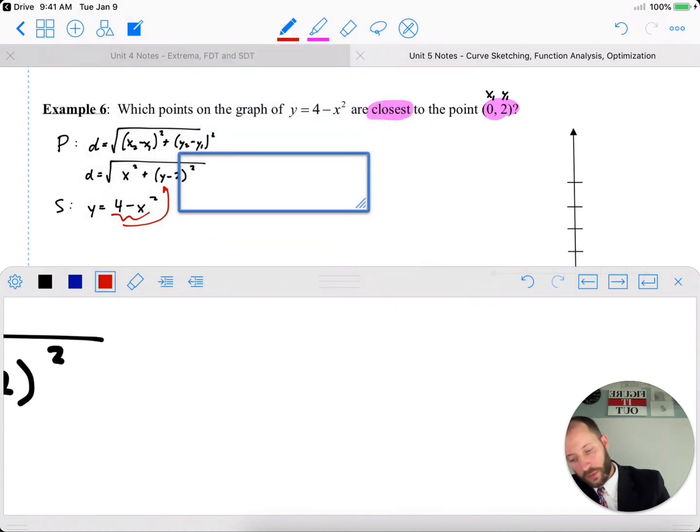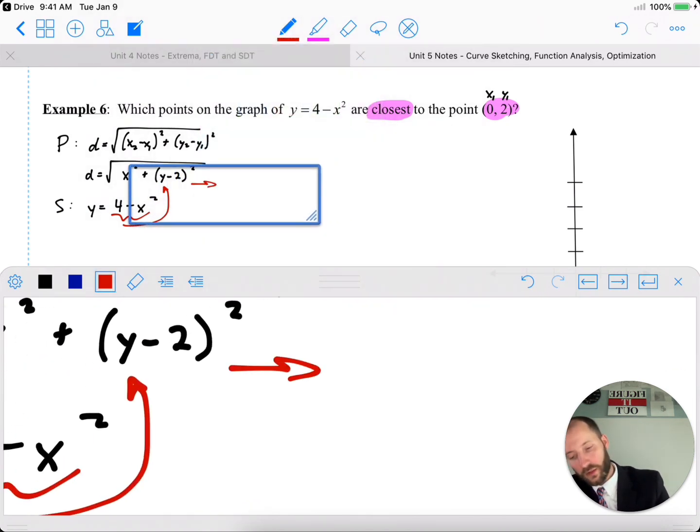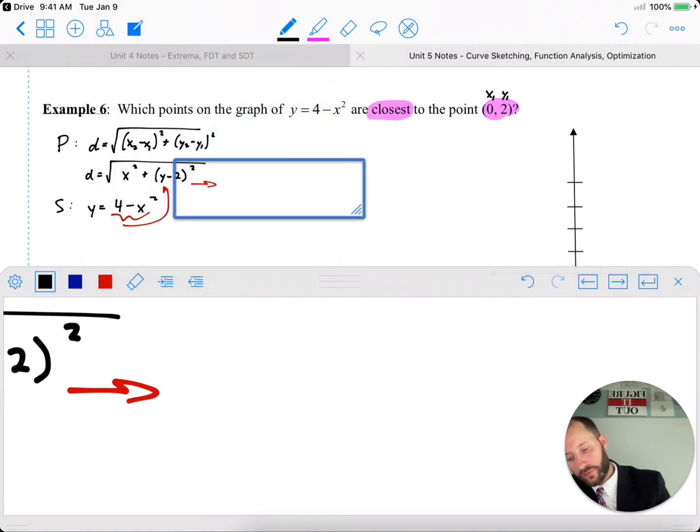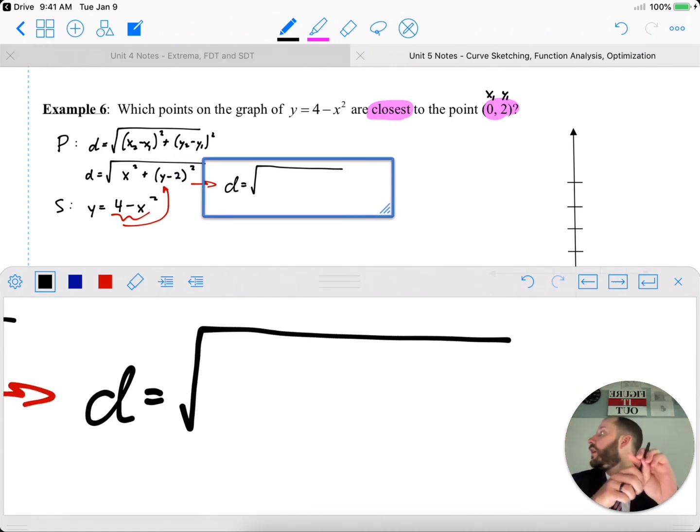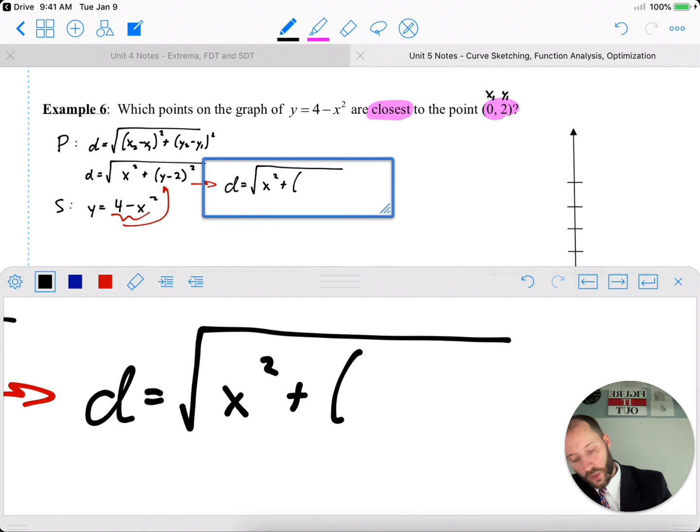So d equals the square root of x squared plus the quantity 4 minus x squared minus 2, squared.